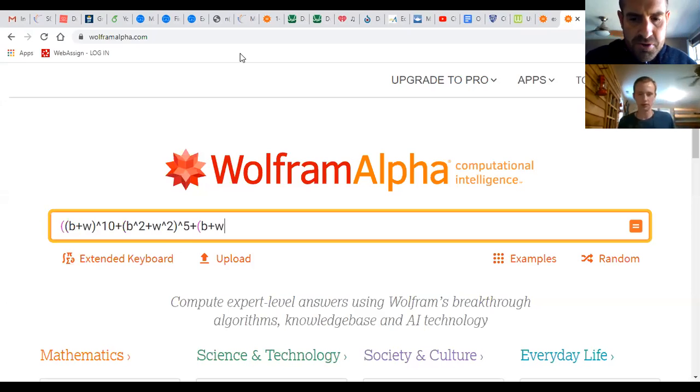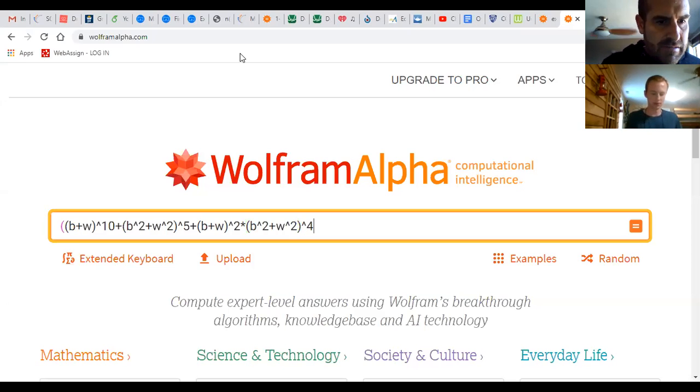B plus W squared times... Do you want me to read them off to you? Sure. All right, let me find the section, 9.4, right?